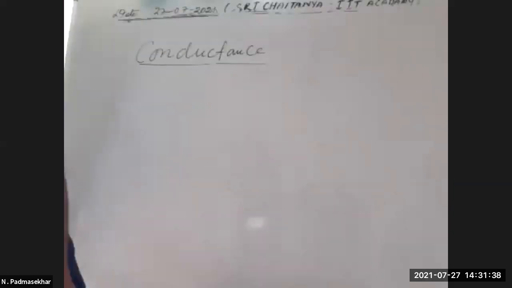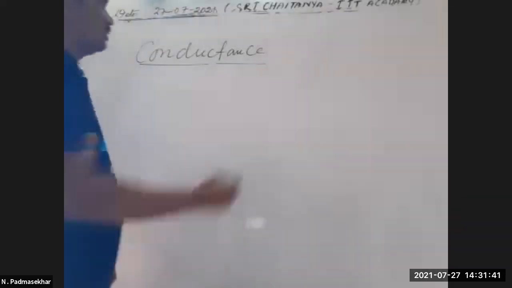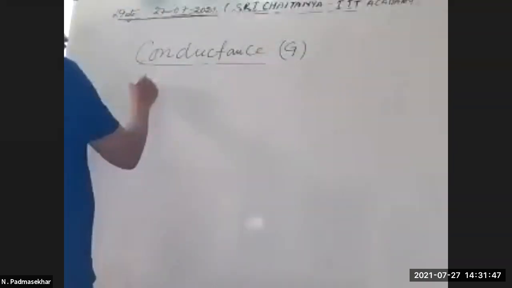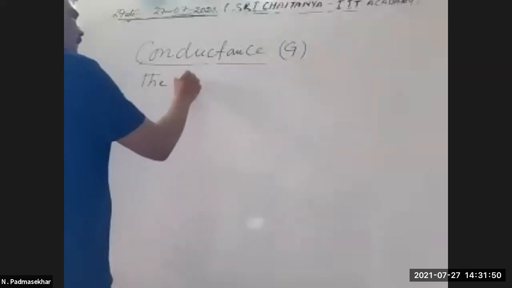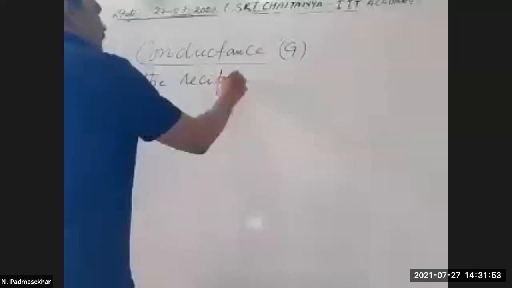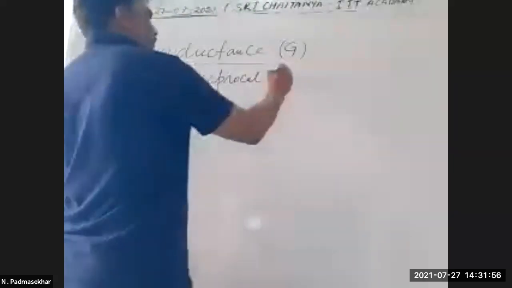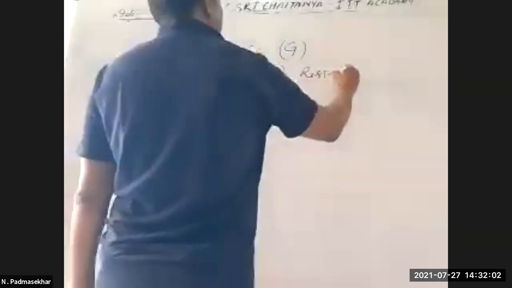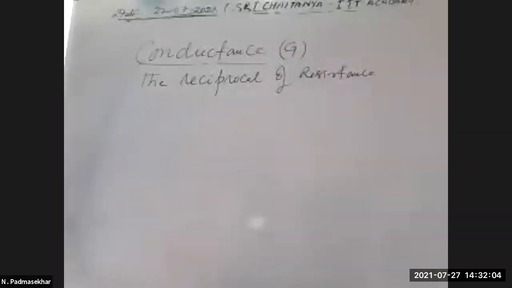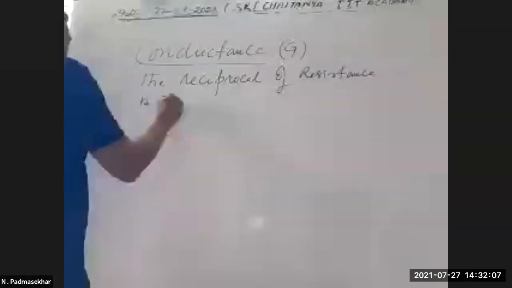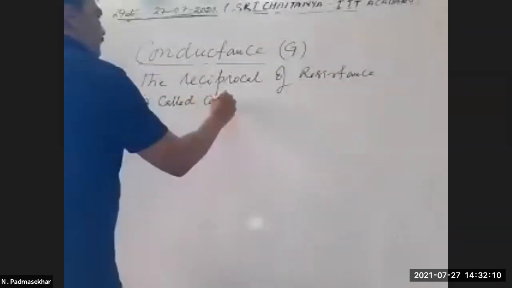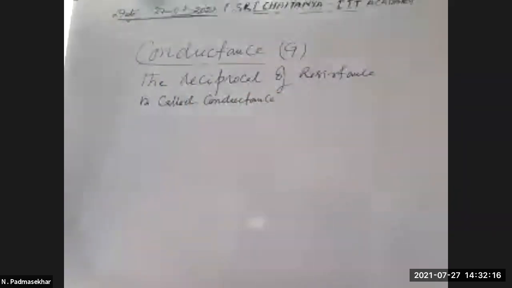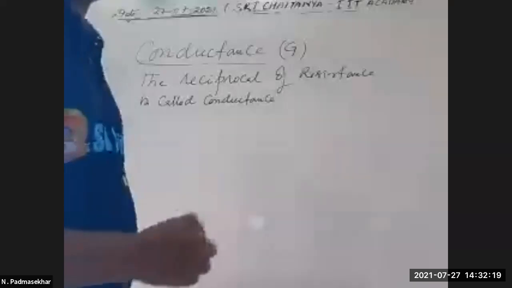Conductance. So conductance that we call G. Conductance is G. Conductance means the reciprocal of resistance. The reciprocal of resistance is called conductance.